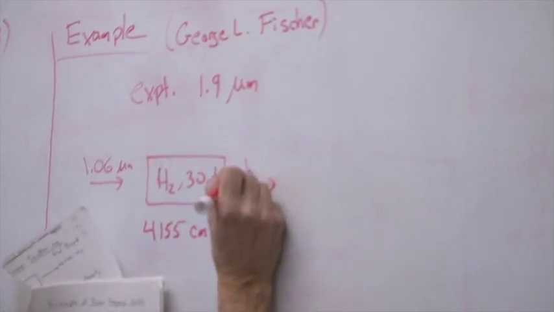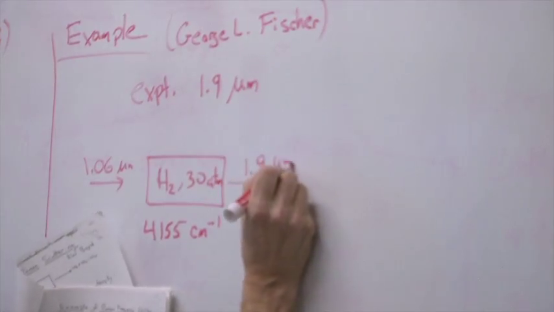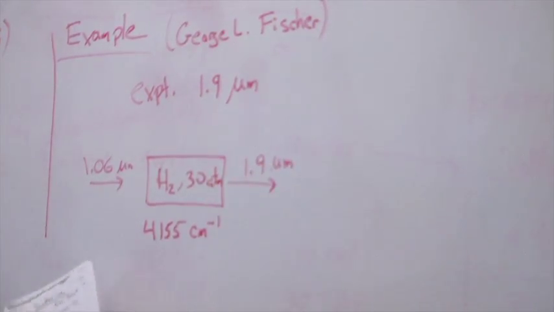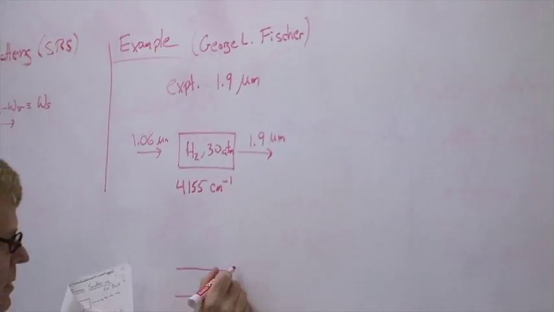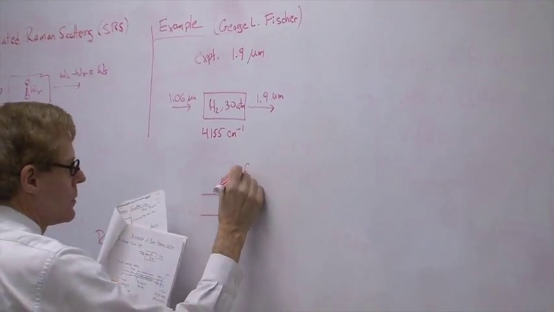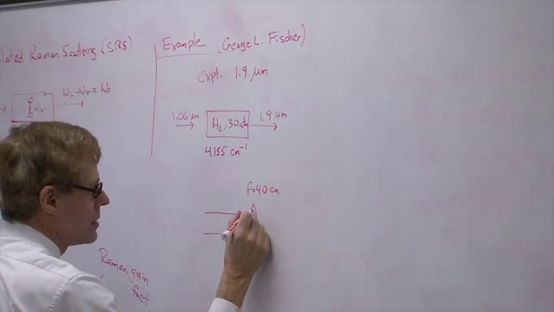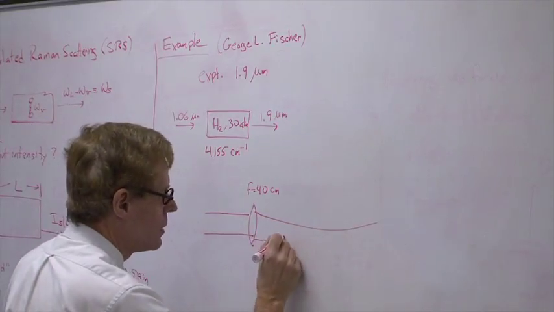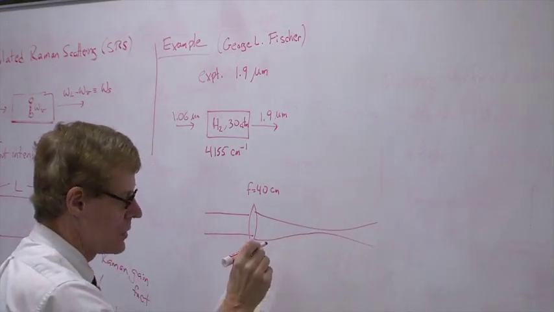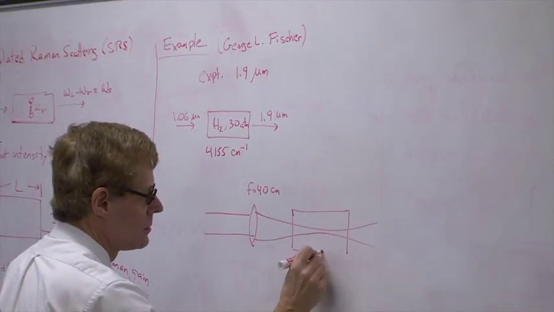So you go through the numbers, and this turns out to be 1.9 microns. And the specifics of the experiment were that he had a 40 centimeter lens, and he brings this to a loose focus in his hydrogen cell.